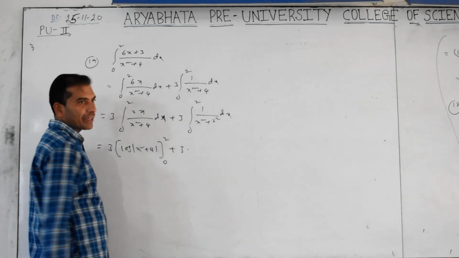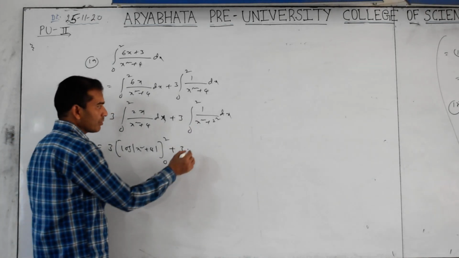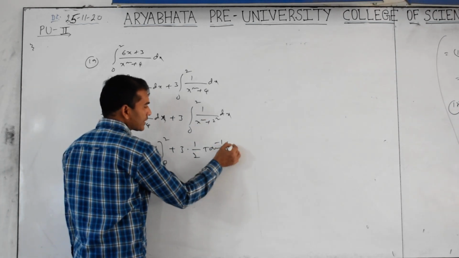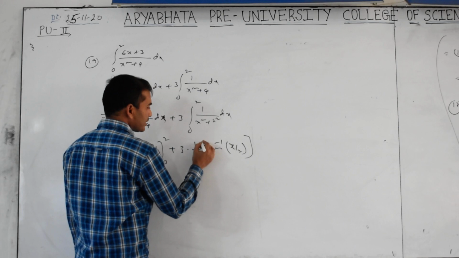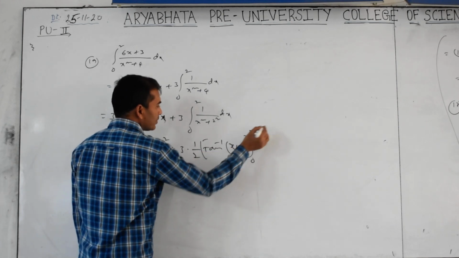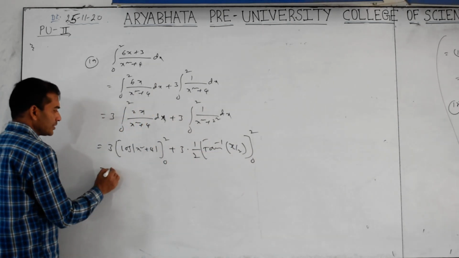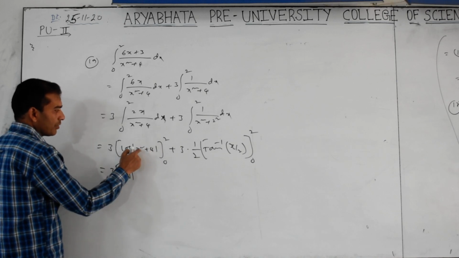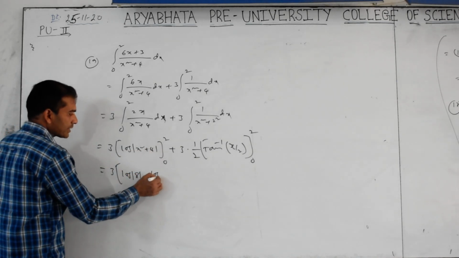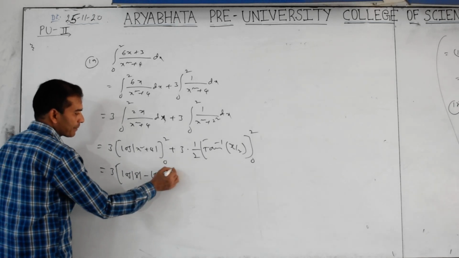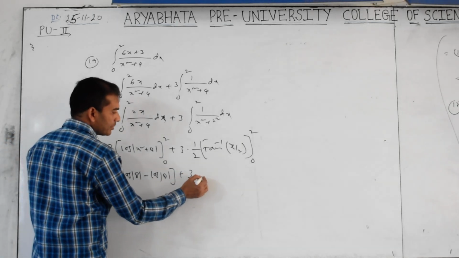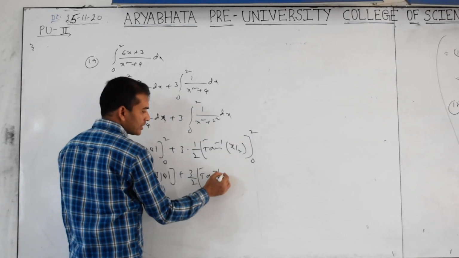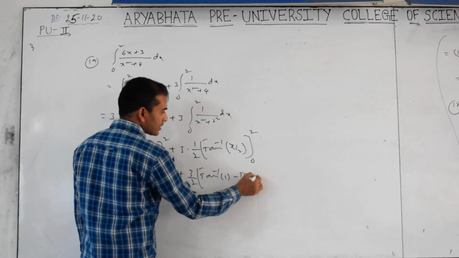What is the formula for 1 by x square plus a square integration? 1 by a tan inverse of x by a, limits 0 to 2. Apply upper limit: 3 into log of 2 square plus 4, that is 8, minus log of 4, plus 3 by 2 tan inverse of 2 by 2 is 1, minus tan inverse of 0.